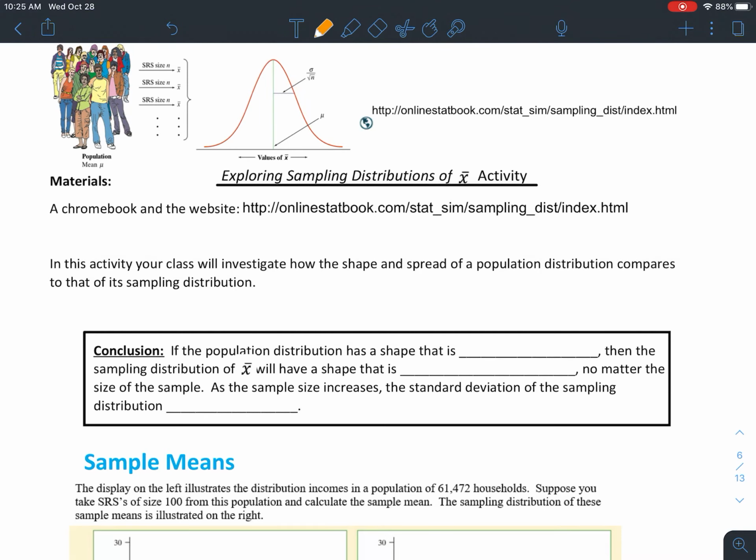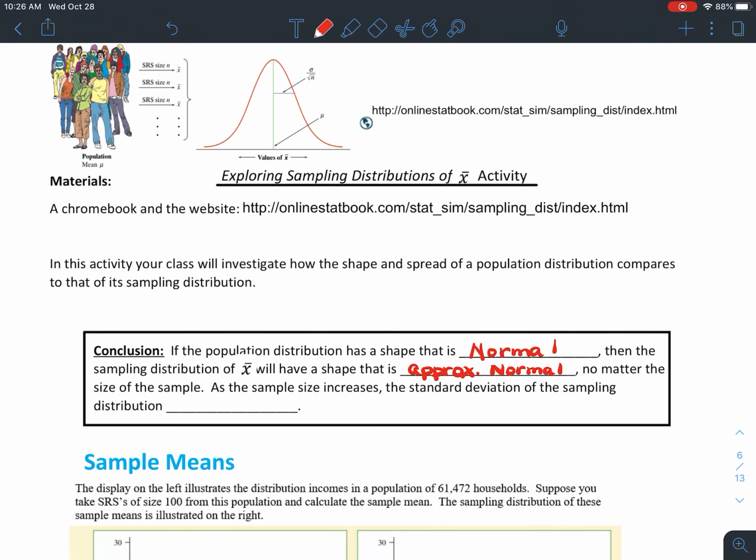So here's what we hopefully were able to conclude from those activities: if your population distribution has a shape that is normal or even just approximately normal, then the sampling distribution for x bar will have a shape that is approximately normal. That should make sense.